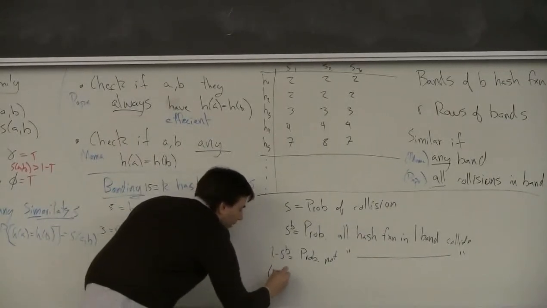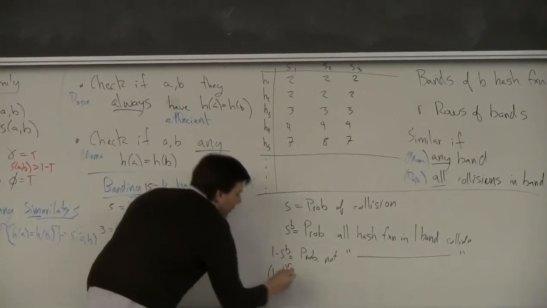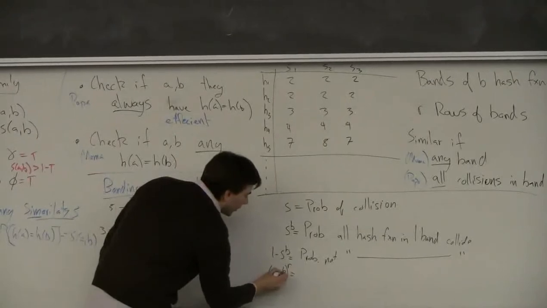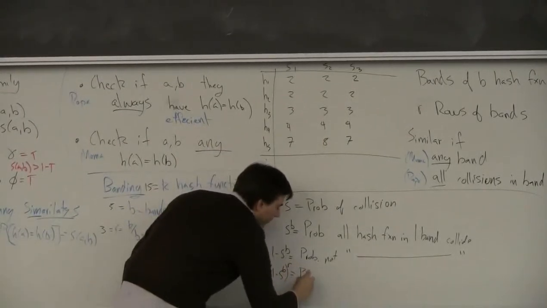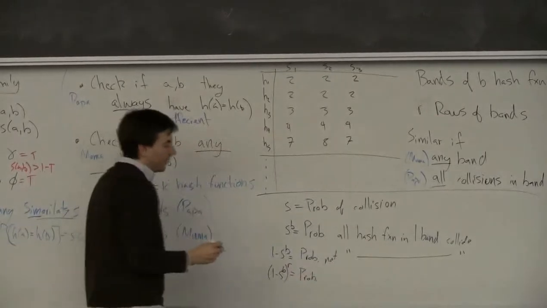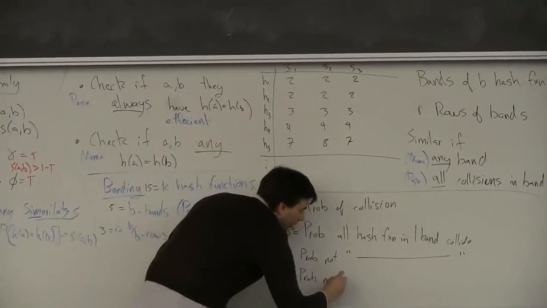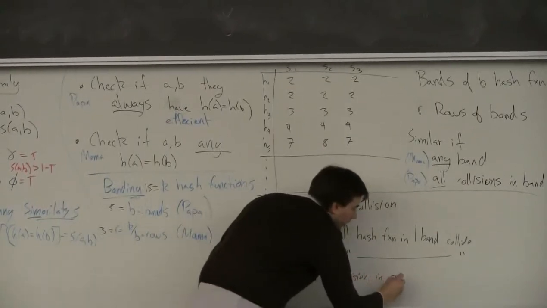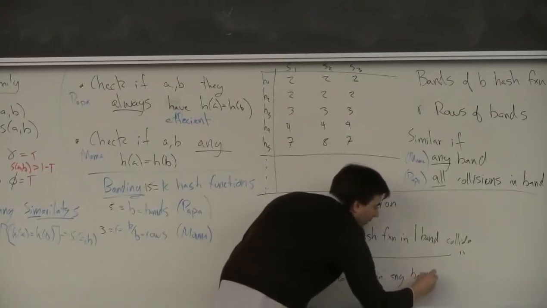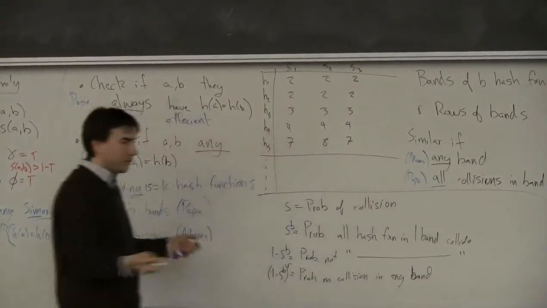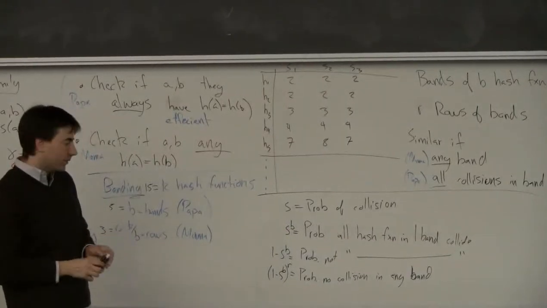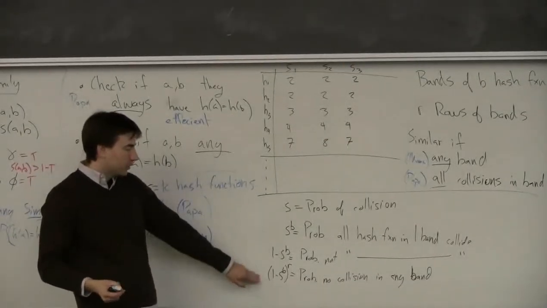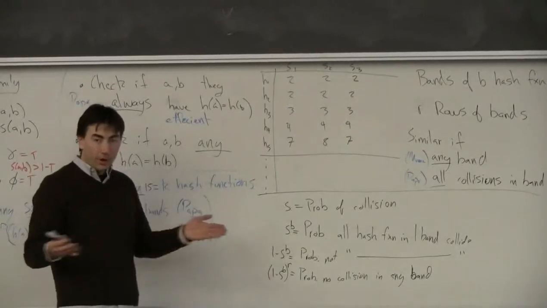And then (1 minus S to the B) to the R is the probability that there is no collision in any band. I have R of these bands, and each of them are independent. So this is the probability of no collision in any of the bands, in all R of the bands.